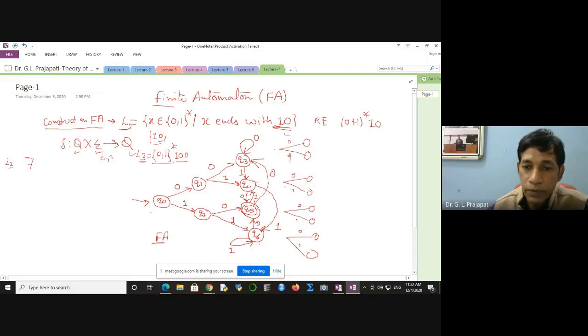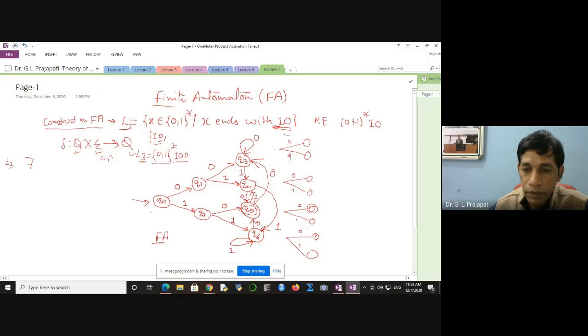Now if you follow this path, 0 1 0, this is the last three symbols. 0 1 1, this is the next. If you follow this path, 1 0 0, this will become the final state now. So you need to remember the string 1 0 0.